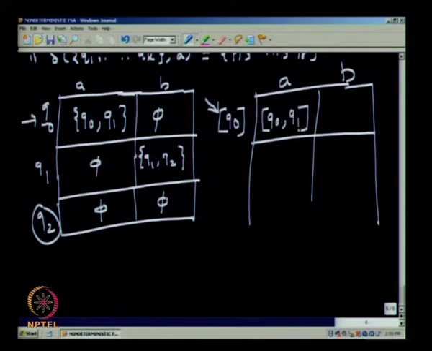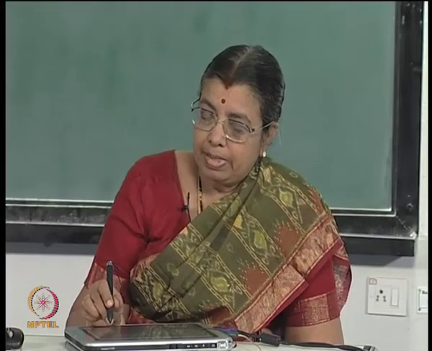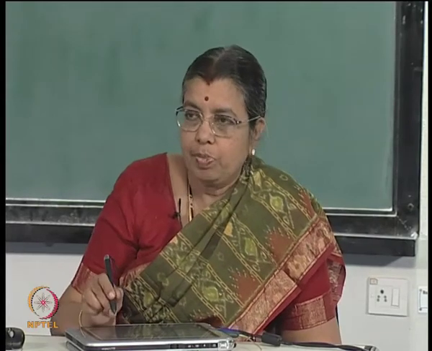Please note that to denote it as a single state we are using square brackets, whereas as a set it is denoted by flower brackets. And after reading B, you cannot go to any particular state. So, this is empty. This is a subset of the set of states. Empty set is also a subset, right. Now, this empty set you will see corresponds to something like a dead state.